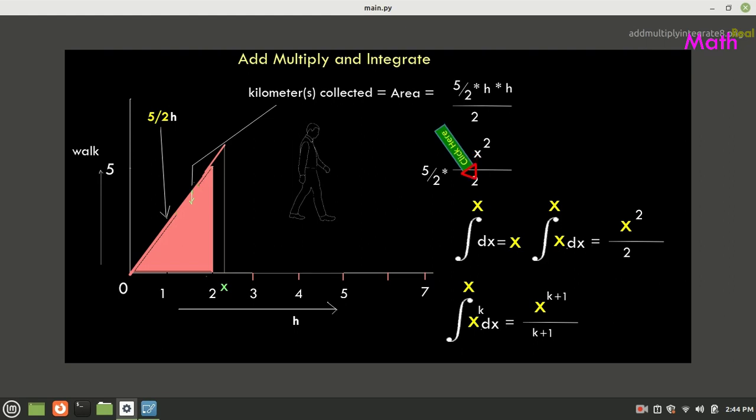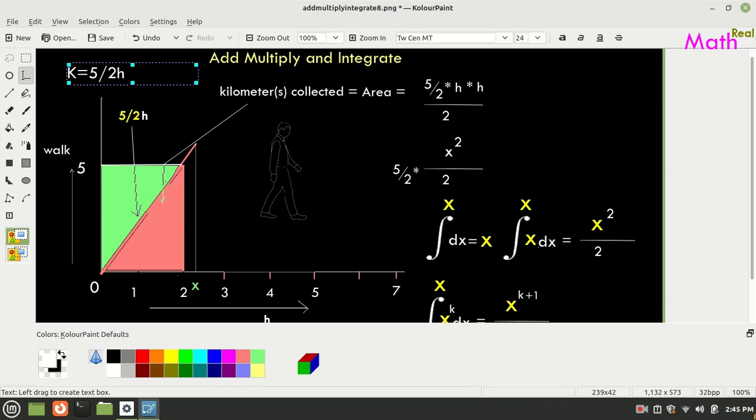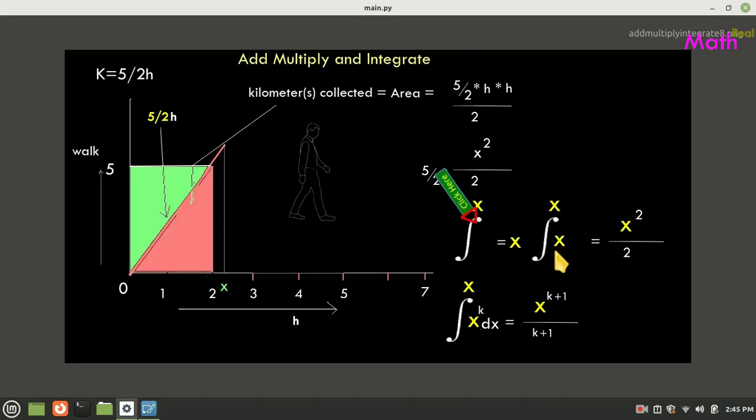Now I'll go for integration. If there is nothing, I mean no constant or whatsoever, the integration is x. If we integrate from 0 up to x, then the result is x.